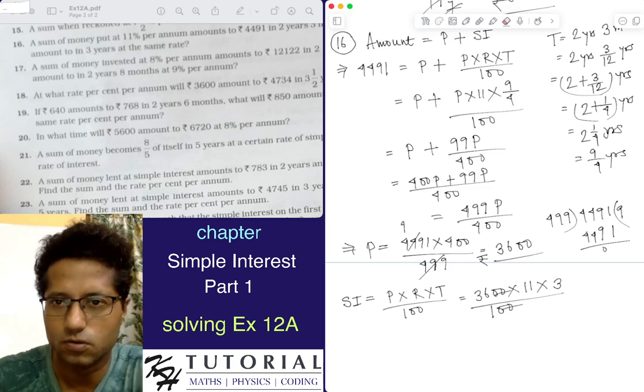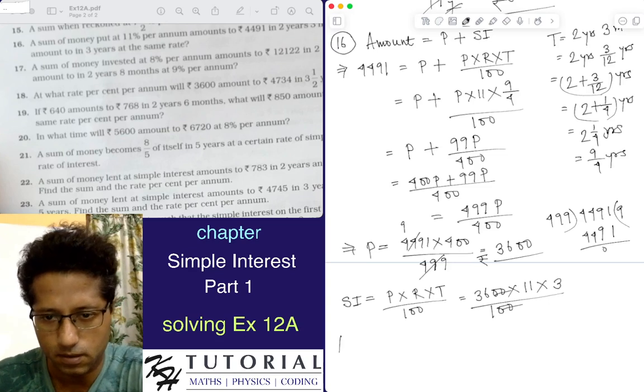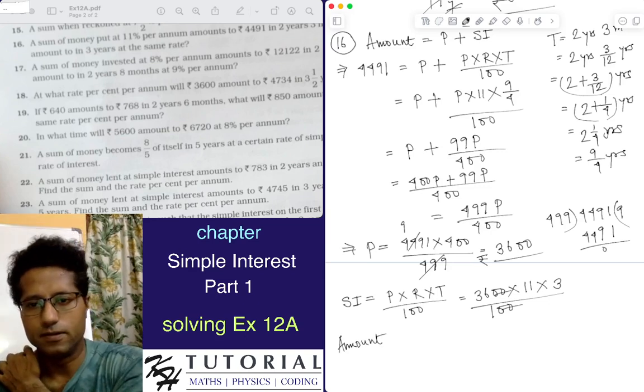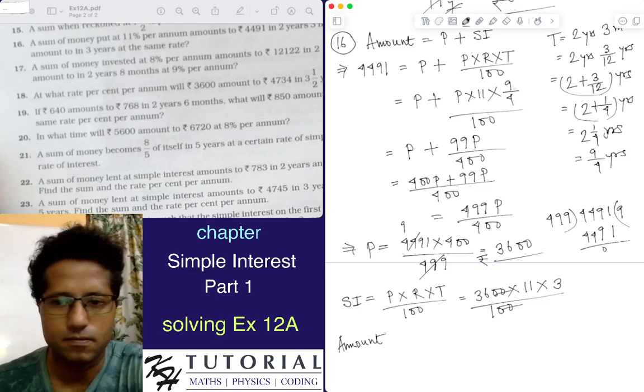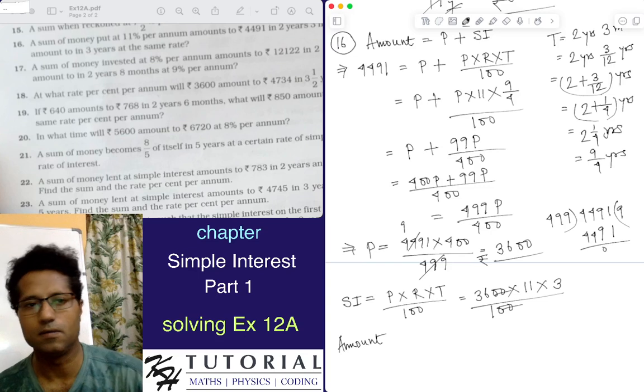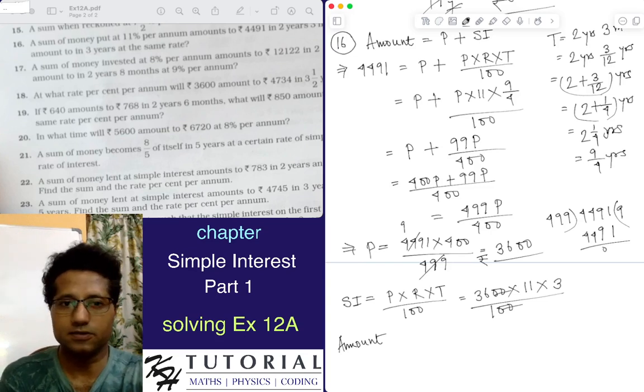So now we know the amount will be, when the same P, what will this P amount to with the same interest in 3 years?